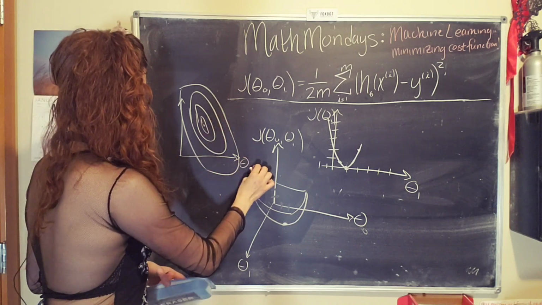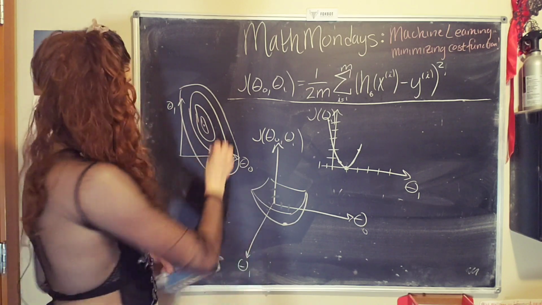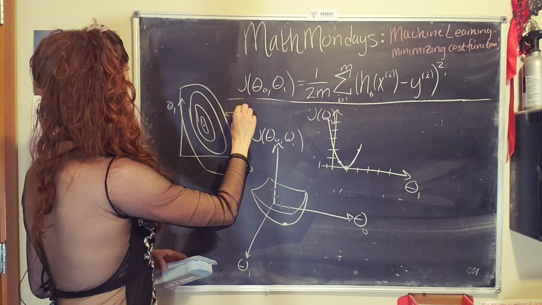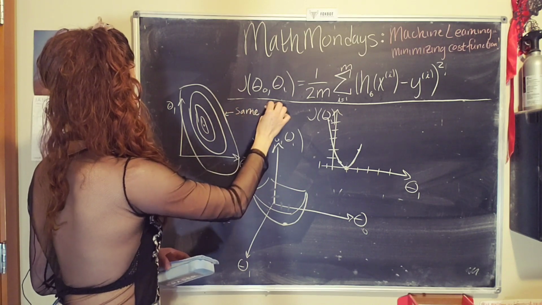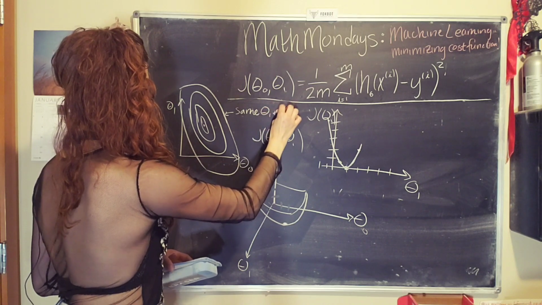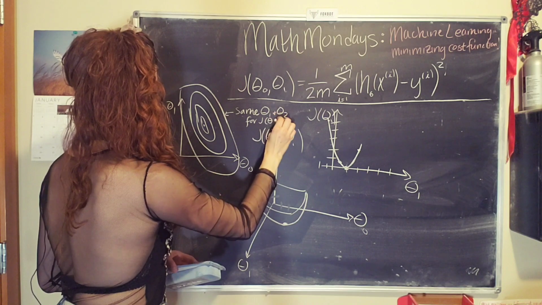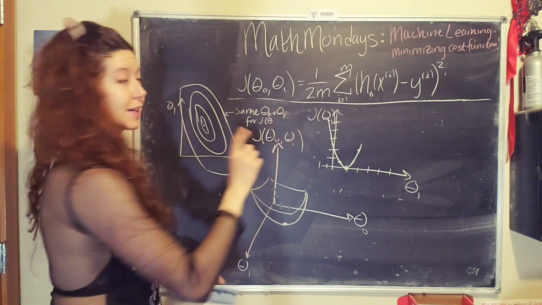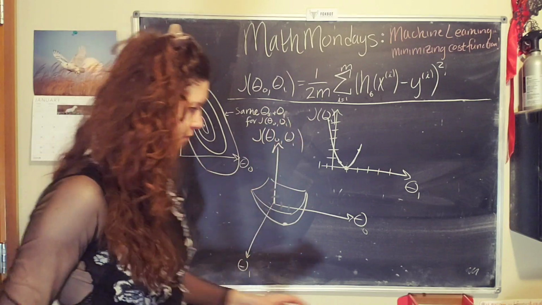So again, this would be theta naught, theta 1. Each curve represents the same value for J. Whoops, theta 0, I should keep consistent notation. Theta 0 and theta 1. Okay.